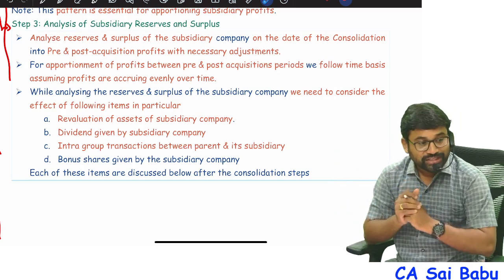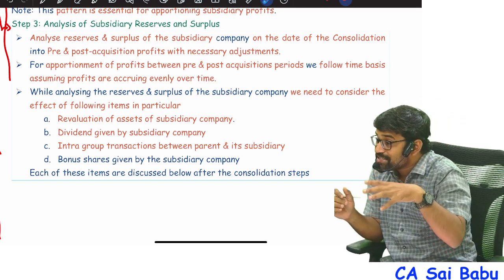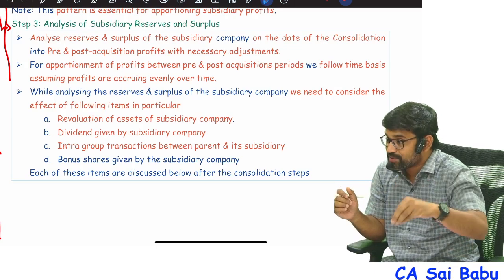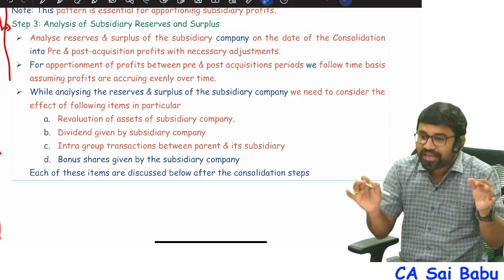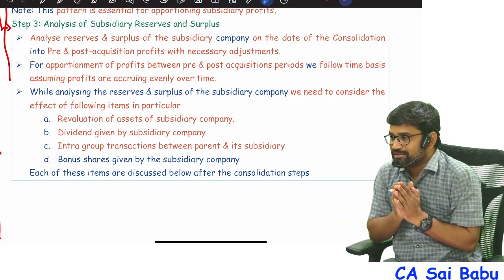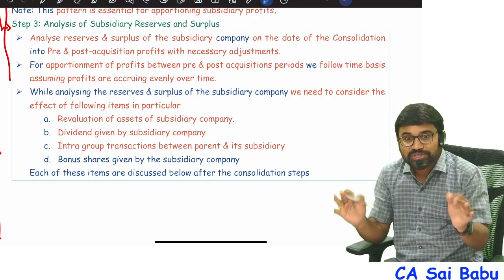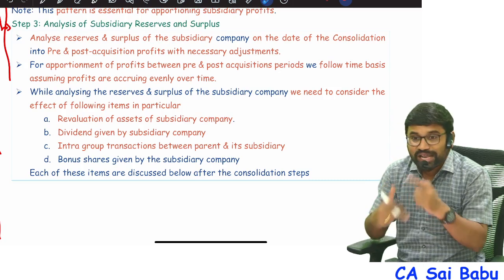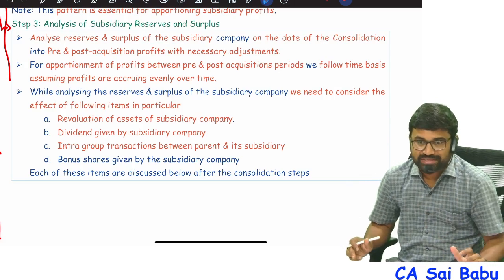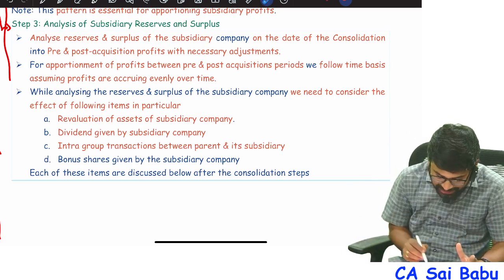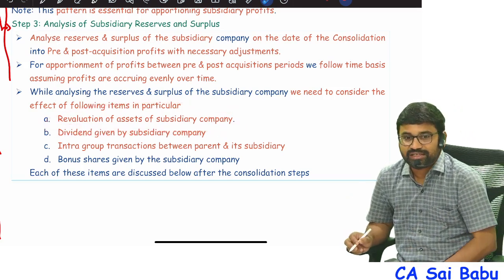Now the interesting point is, when you are analyzing the subsidiary company reserves into pre and post, there are three important adjustments which will play a crucial role. First adjustment is revaluation of assets of the subsidiary company.